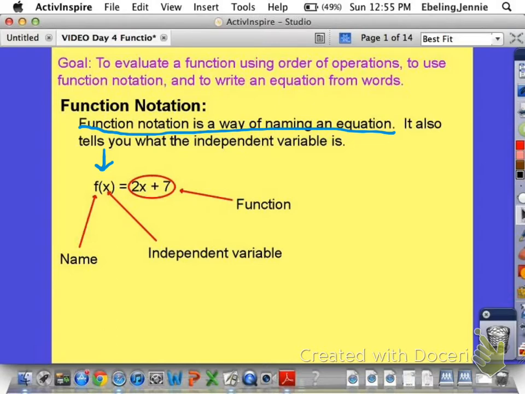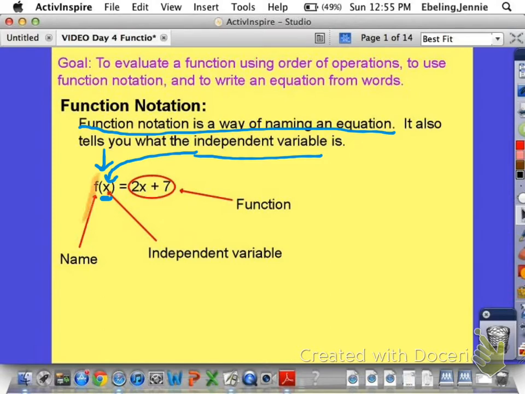Now when you use function notation, we can identify the independent variable. The independent variable is the variable being used in the function. That's what's in the parentheses after that letter f. The f is the name of the function, and the name of the function is just any letter.